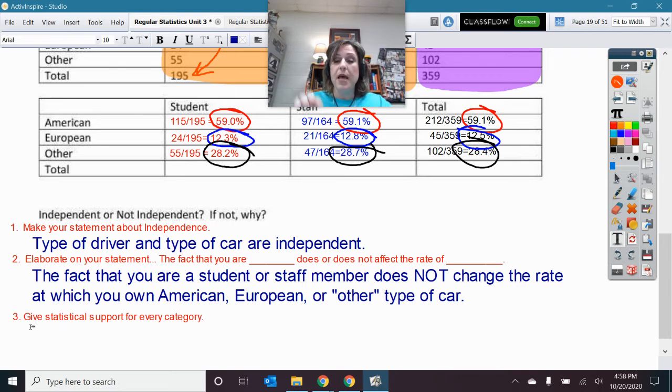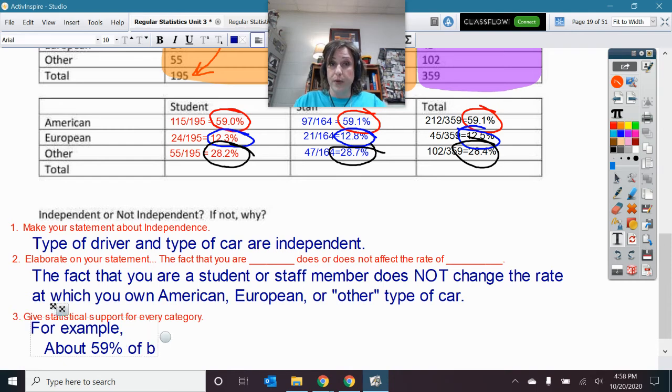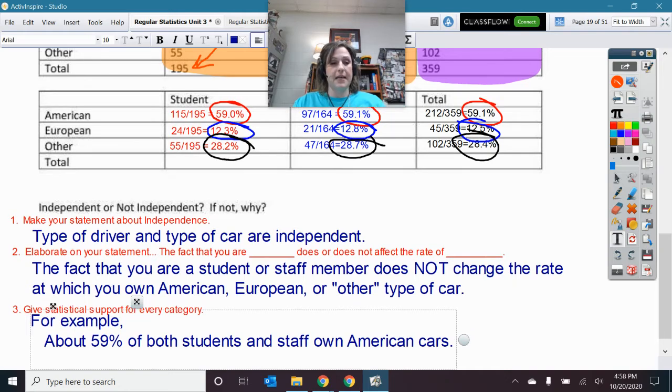So here we go. I'm going to make a statement for every category. I'm going to say three things here. About 59% of both students and staff own American cars. There's the first statement. The second statement was about European. And what did we have? About 12.5%. Why I chose 12.5 is because that's what the marginal was. Overall, it was about 12.5. And the students and staff were on either side, 12.3 versus 12.8.